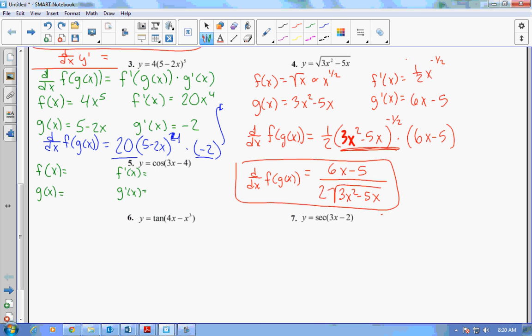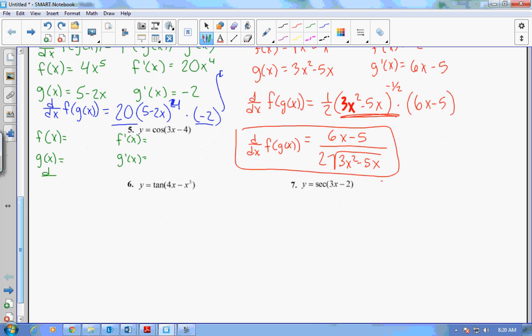I would just move that times 3 to the front so it's negative 3 sine. But that's it. Good job. These are looking good. Good. I think everyone's got it. Good job, guys. So we got negative 3 sine of 3x minus 4, right?